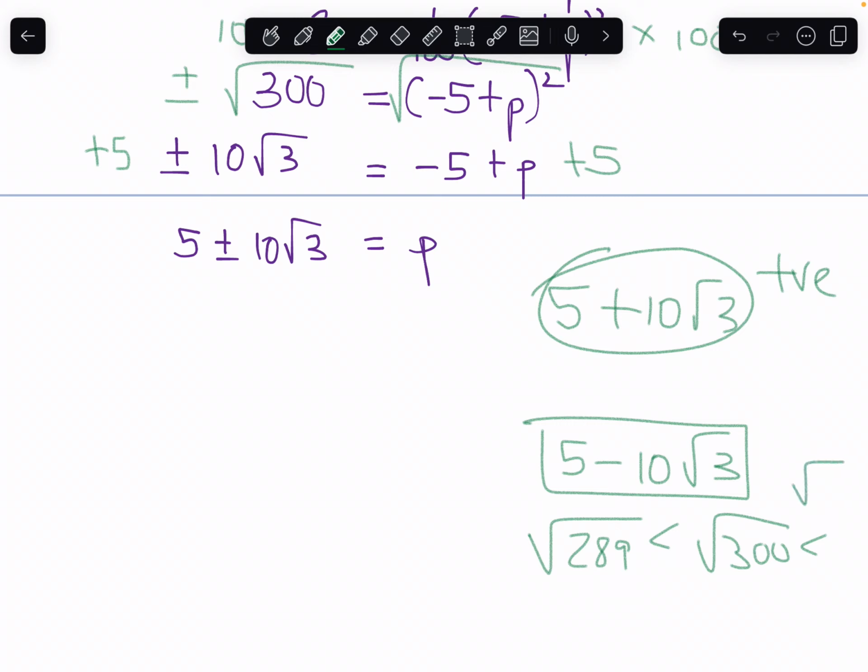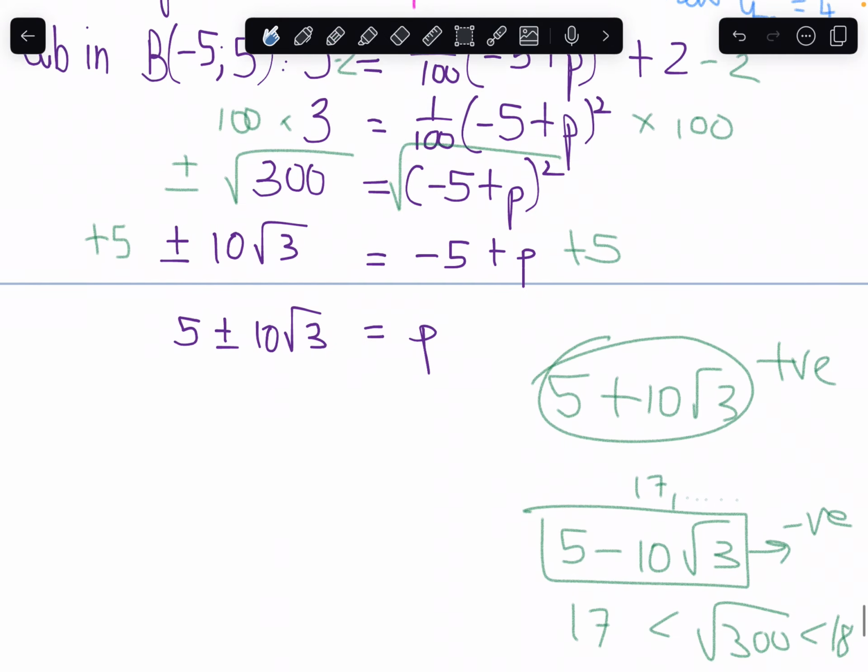So this is 17 point something. Of course you can just punch it into your calculator and find out, but hey, where is the fun in not suffering? So basically you have 5 minus 17 point something, so this is definitely then a negative number, right?